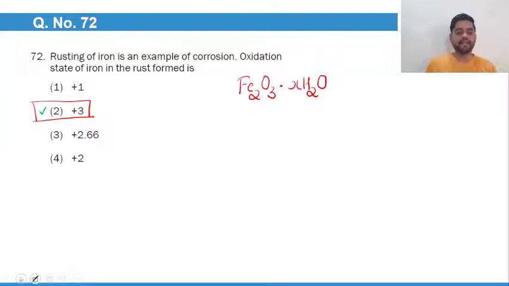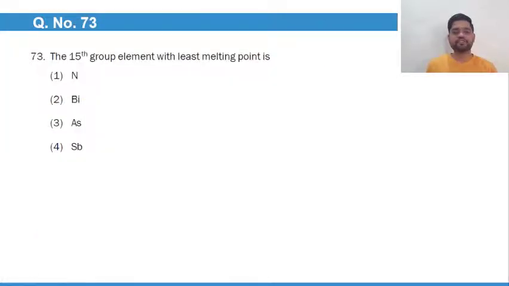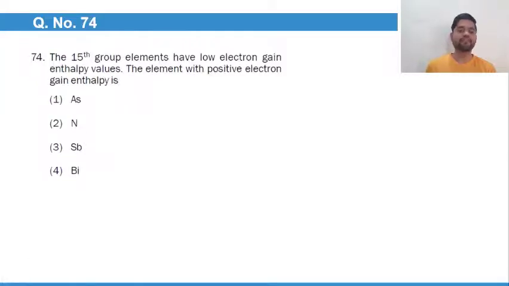Next, the 15th group element with least melting point. It's very simple. In group 15, the least melting point is nitrogen because it's the only element in group 15 which is in gaseous state. Rest, if I am not mistaken, are in a solid state. So 73, option number 1 will be the right answer. And then 74.